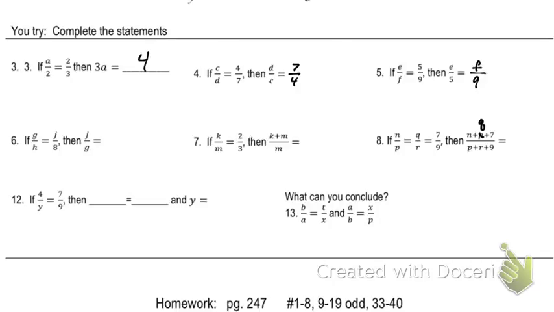All right, next one says G over H equals J over 8. Then J over G is going to equal, did anyone get this one? 8 over H. Yep, that's what I got. And let's go through how I got that really quick, because it's always nice to, let's say you're on the test and you forget how things swap places.